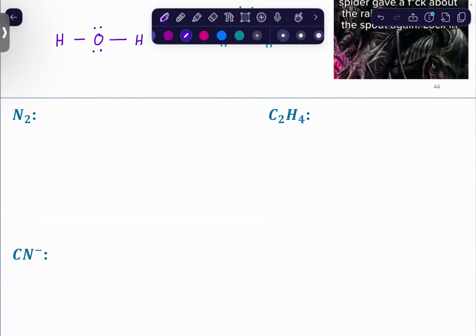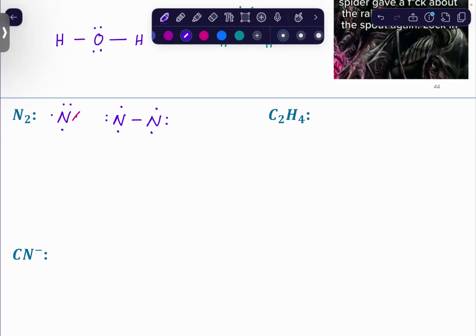Let's try a few more. Let's look at N2. Each nitrogen has 5 valence. There's no central atom. Just need to bond nitrogen to nitrogen, and each one of them only used one of its bonding locations. That means we need to replace lone pairs, and then 1, 2, 1, 2.